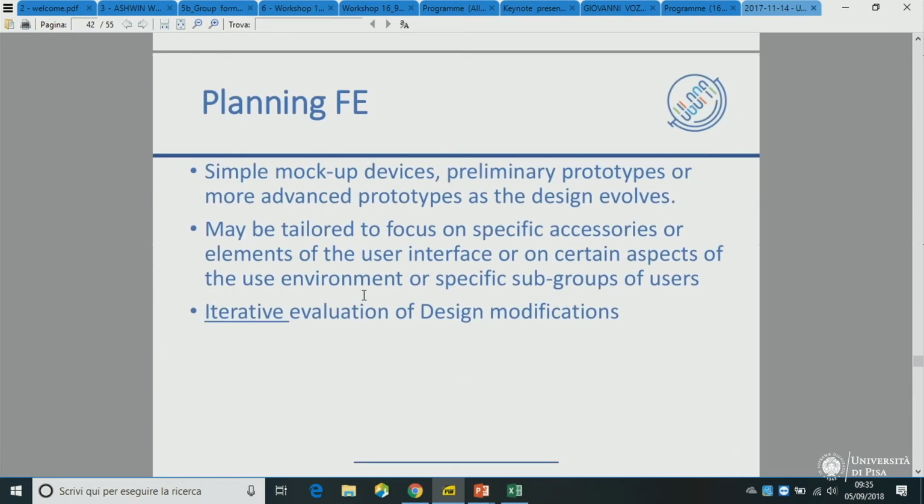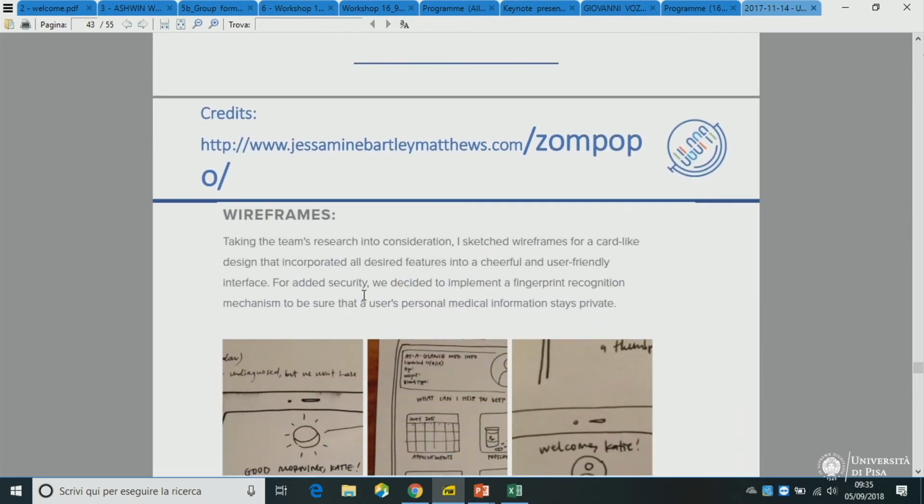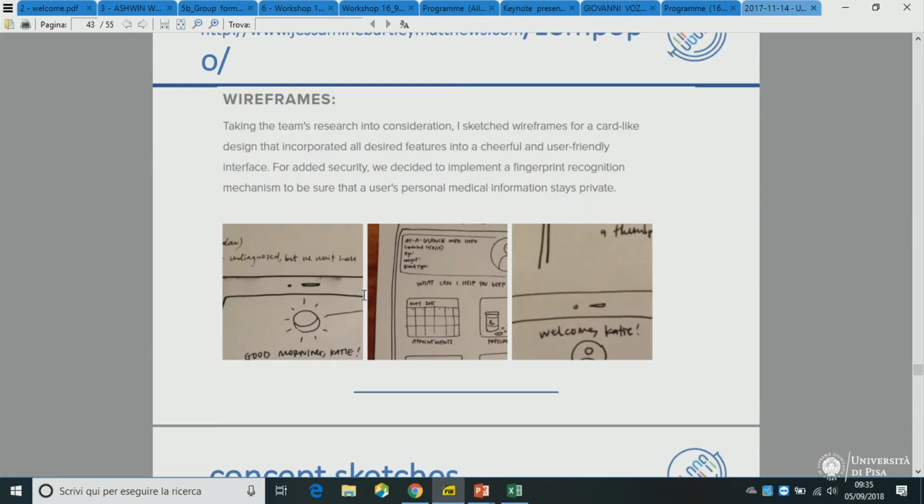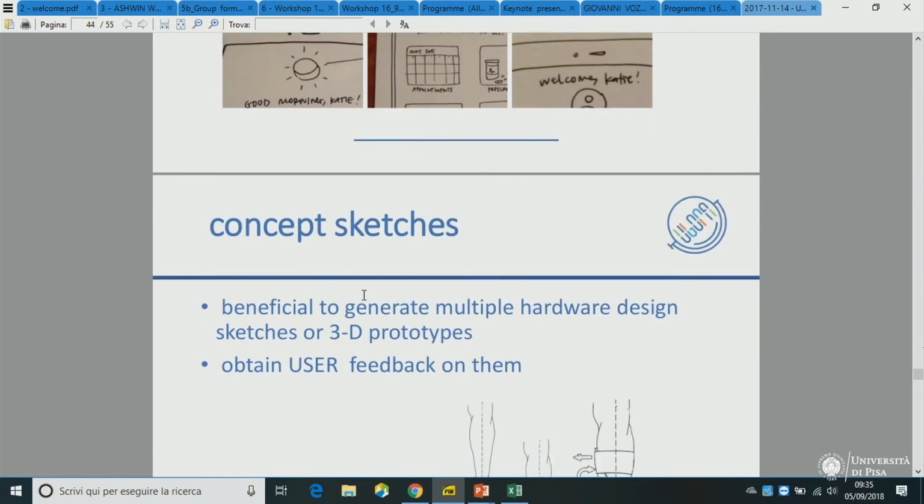For formative evaluation, please plan to change your mind. This is the core of the slide: plan to change your mind. There is no perfect design without testing in the field for this characteristic of usability. So here are some examples taken from the web. Wireframes, paper-based sketches of a user interface or concept.